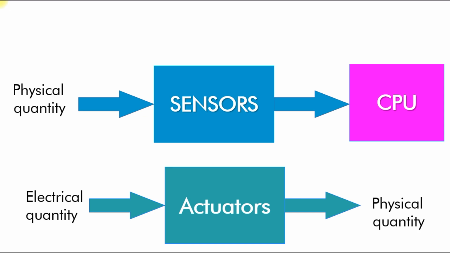After receiving the commands from the CPU, it acts accordingly, switching the DC motor on and off. So now you can realize there is a small automation available in your laptop itself.